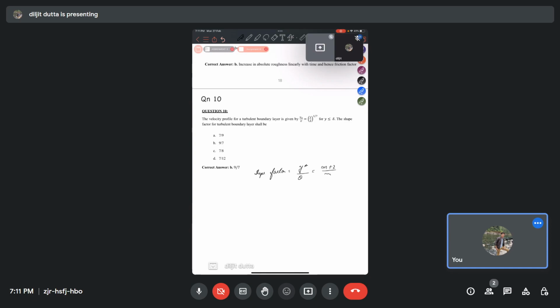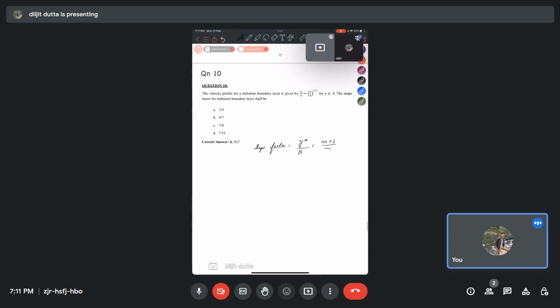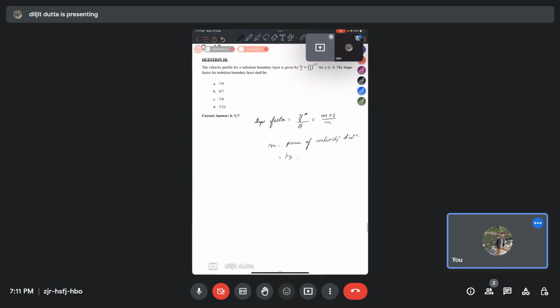The shape factor is given as delta star by theta, the displacement thickness by momentum thickness, and this ratio is given as (m plus 2) by m, where m is the power of the velocity distribution.